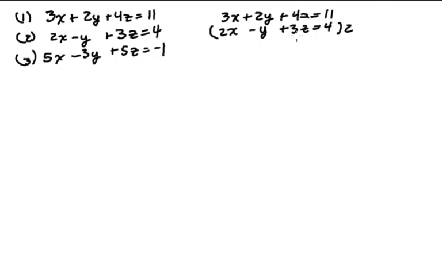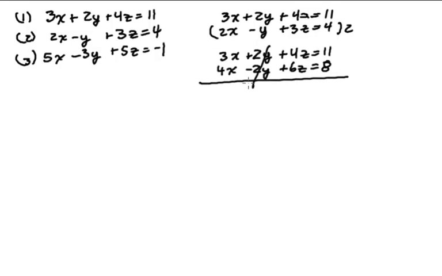If I multiply the bottom equation by 2, the top equation stays the same, 3x plus 2y plus 4z equals 11, and my bottom equation becomes 4x minus 2y plus 6z equals 8. I'll add these two together, and I get 7x plus 10z equals 19.